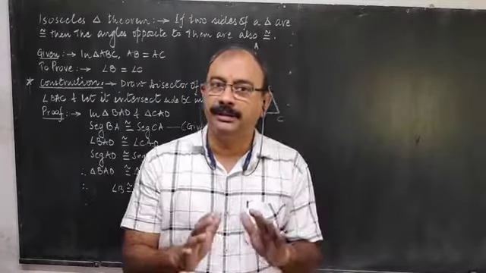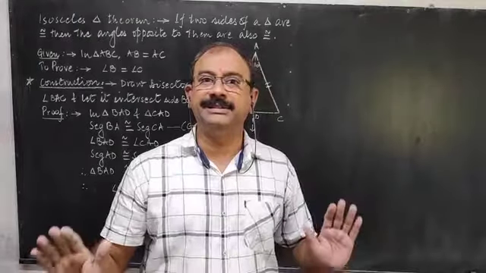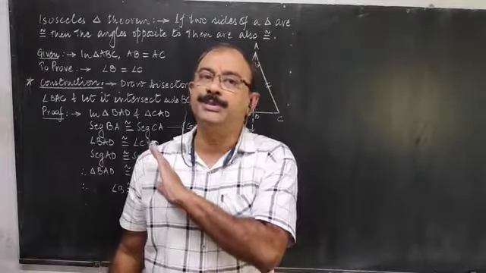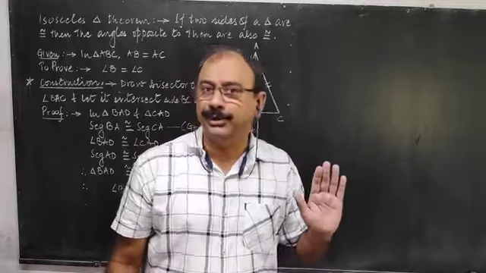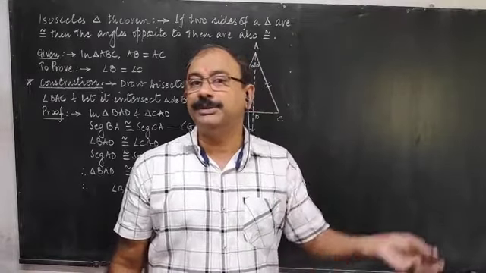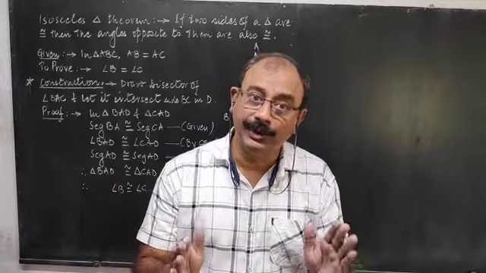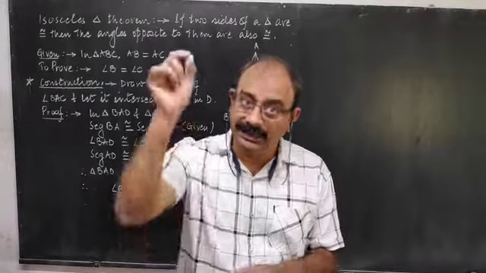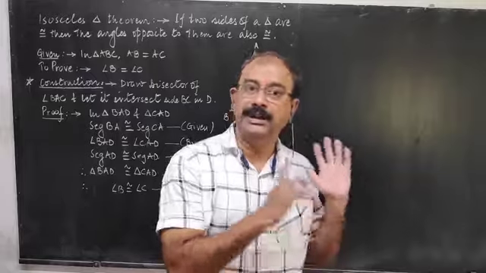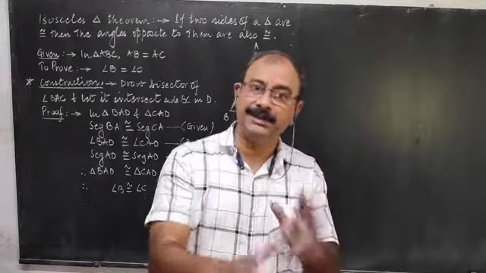Because if you don't memorize the constructions, it becomes very difficult to reach the answer. So most of the time, you have to remember, you have to memorize that this construction has to be done. So here, as well as in the converse, the same construction is there.